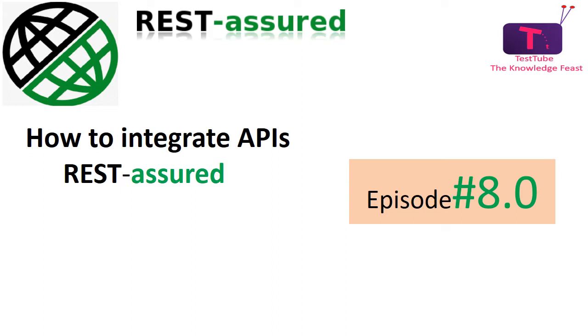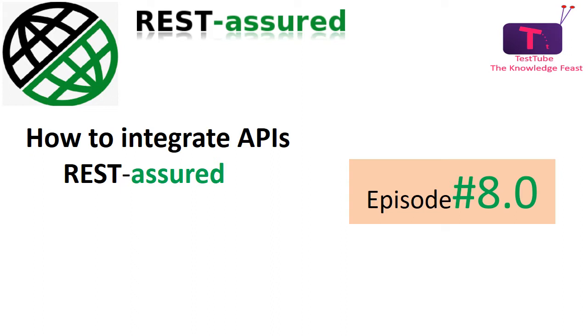That is explained in 8.0, and using this example we have explained what inheritance is in episode 8.1, and what abstraction is, why we use it, what the benefits are, and what situations led us to use the concept of abstraction, in episode 8.2.